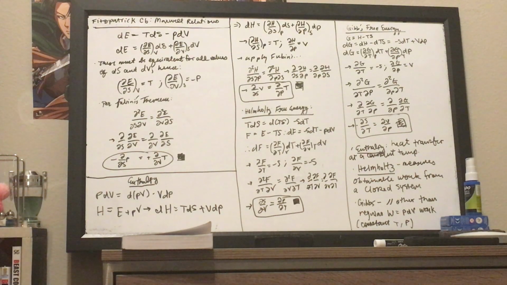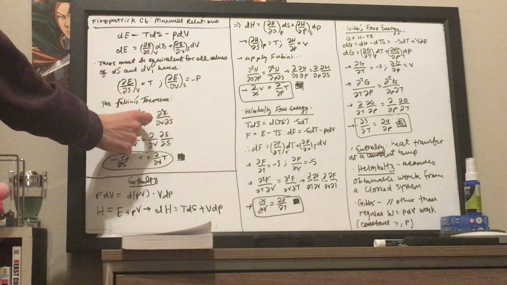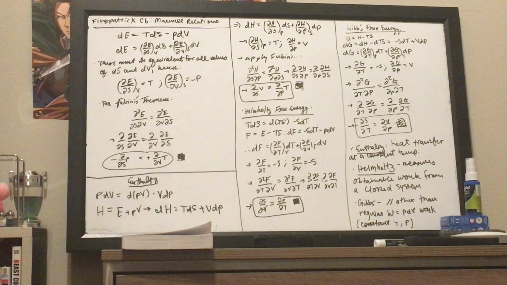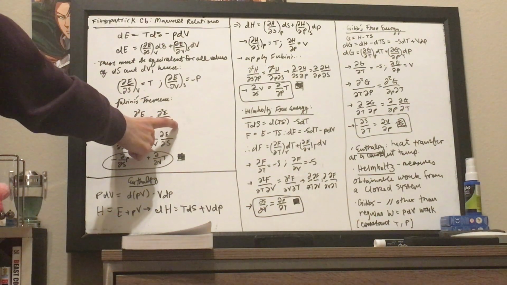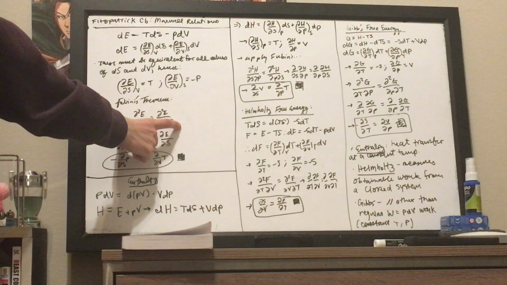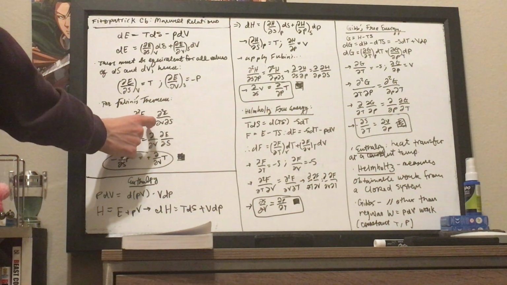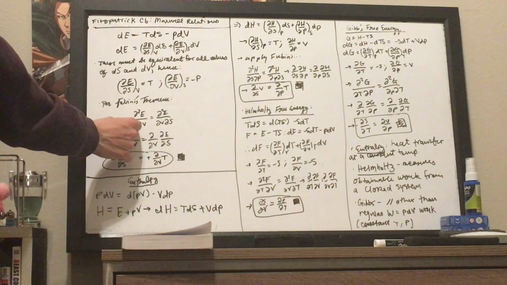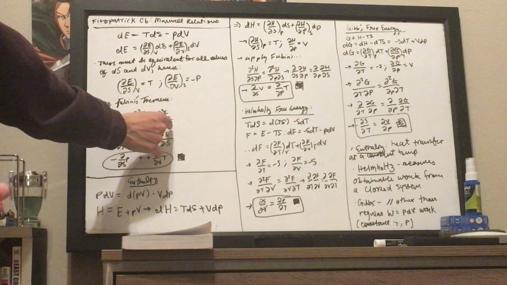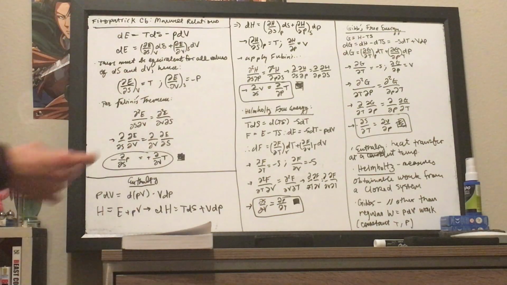I just remember the name, but basically by Fubini's theorem we can say that, I think it's for inexact and exact differentials. But we know that this has to be some sort of exact differential, because the partial derivatives of E in either order, with respect to volume and then entropy, or with entropy and then volume, are equal to one another.